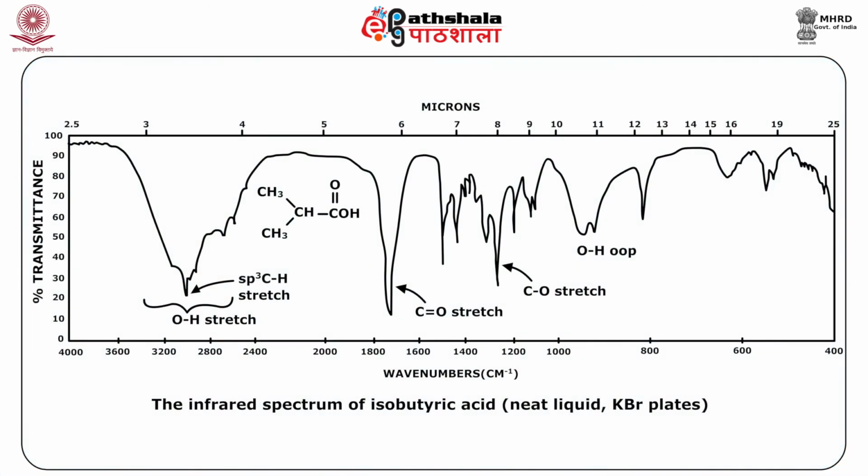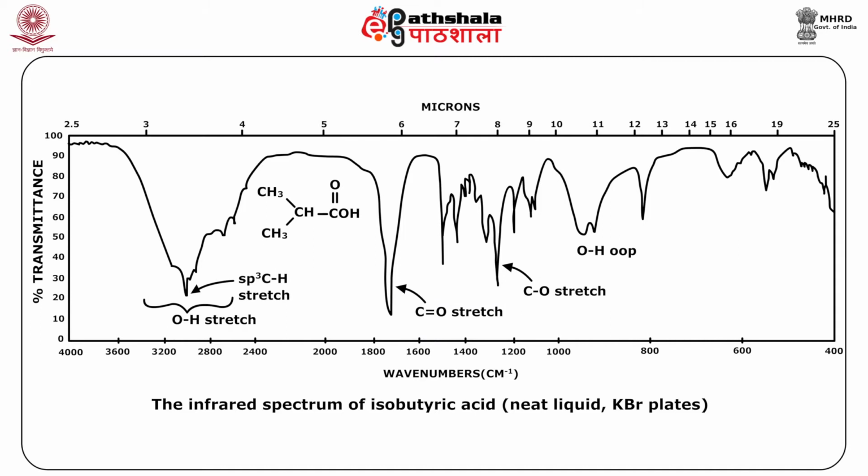Carboxylic acids, students, which can be denoted by the general formula RC(=O)OH, exist as dimers except in dilute solutions due to strong intermolecular hydrogen bonding. Now, carboxylic acids show a strong peak in the range of 1730 to 1700 cm⁻¹.